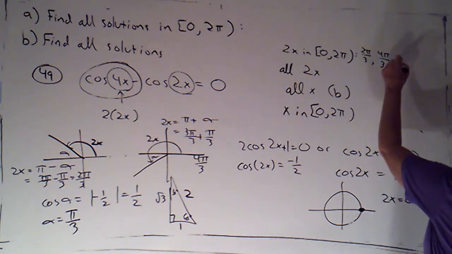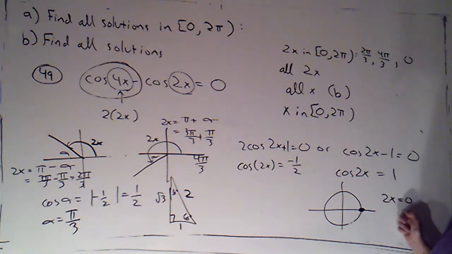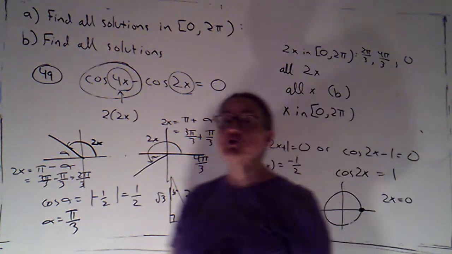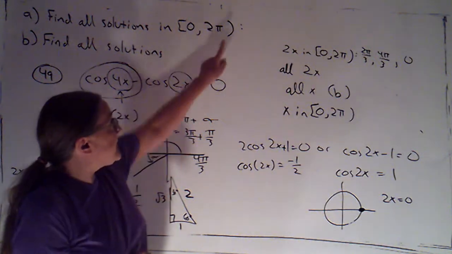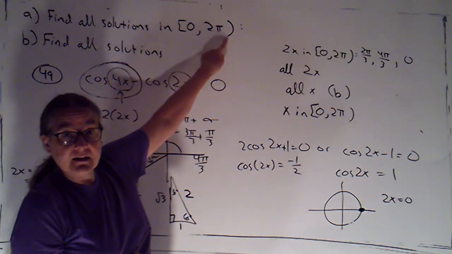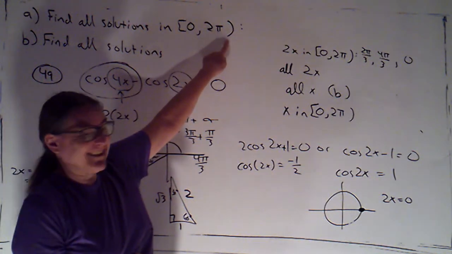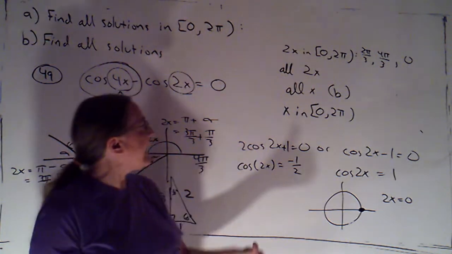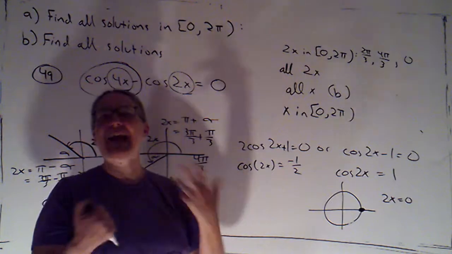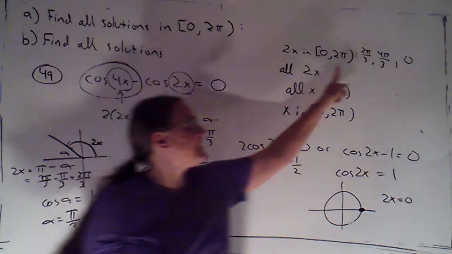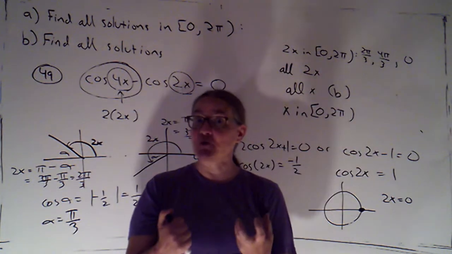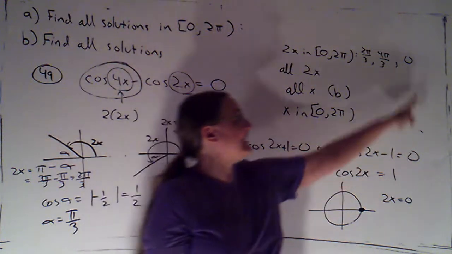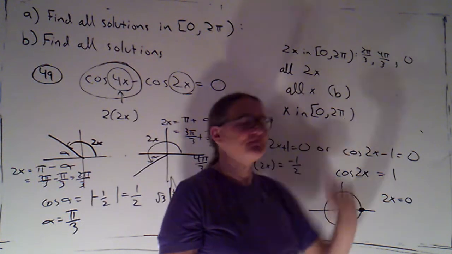So this would be 2x equaling 0. I'm not listing 2 pi, and that's because this was a parenthesis here. And of course the reason it's a parenthesis is because that's coterminal with that. I'm about to get all values of 2x by adding a multiple of 2 pi to these solutions. So I will get 2 pi. It is an answer. I'm just going to get it by adding 2 pi to that one.